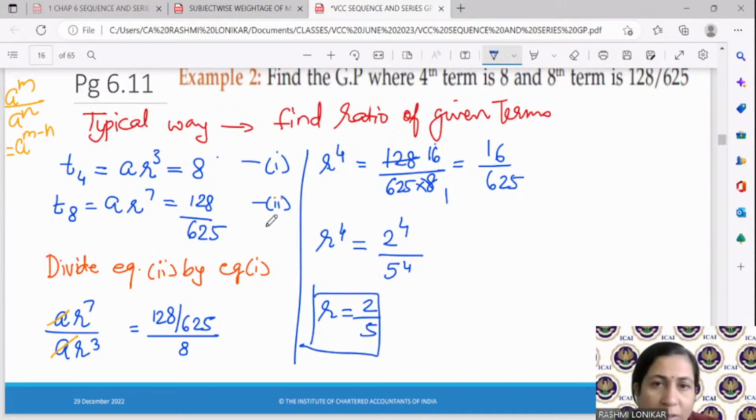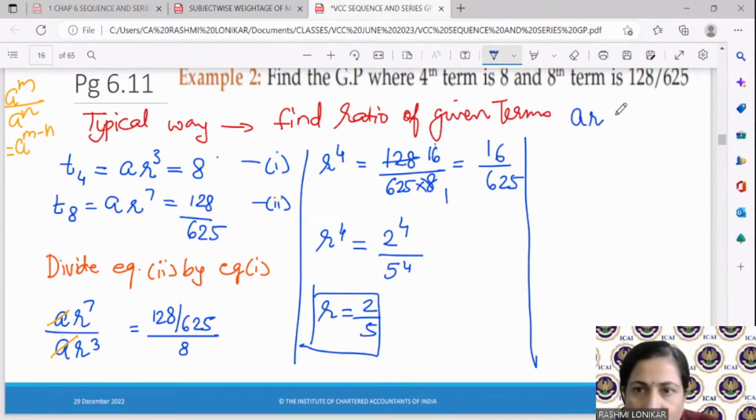So I have the value of R. I can now easily find the value of A. I use the first equation, A R cube is equal to 8. So A times R cube, which is 2 raised to 3 upon 5 raised to 3, is equal to 8. Okay. So 2 cube and 8 get cancelled out.